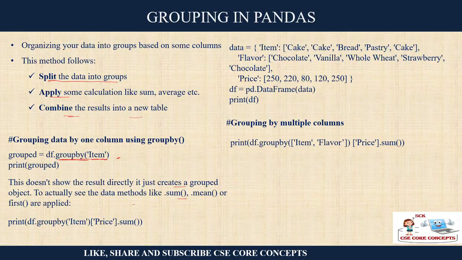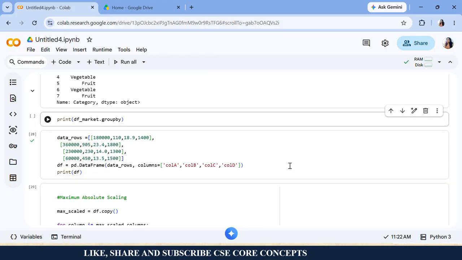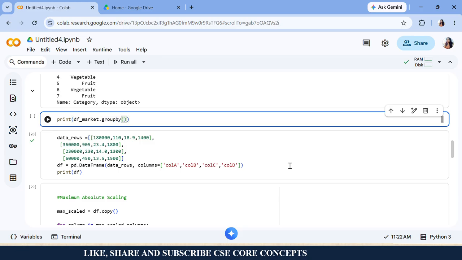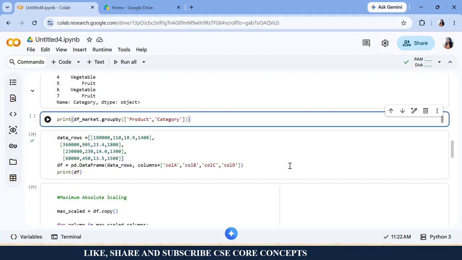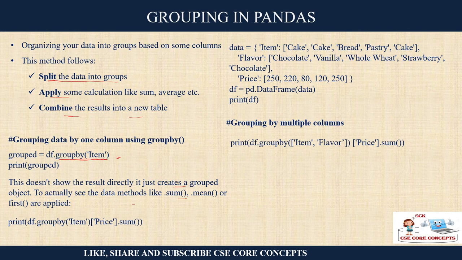Yes, you have to write this under the brackets, product and category, right? And now you have to mention based on what, based on your amount. Clear? Based on the amount, and then you have to write dot sum.